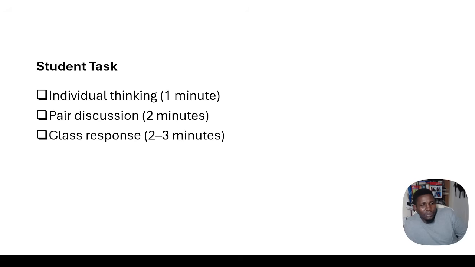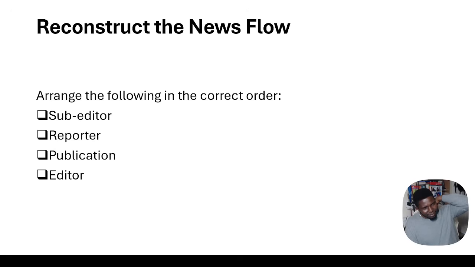Now I want you to put yourself in a position of reflection. Think about it. Engage yourself in the chat. I've actually provided you the answer. Why is it like that? Why should it be that way? Why shouldn't it be reporter, editor, sub editor, after all, sub coming after editor and then publication?